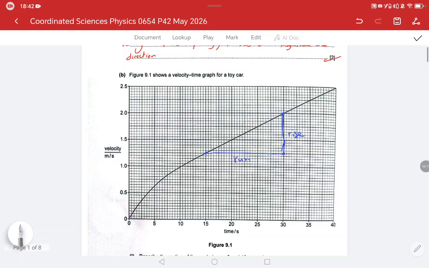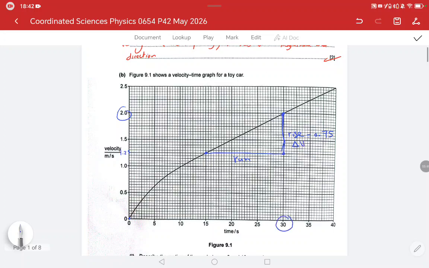So let's see, this point is 2 and this point here is 1.25, between 1 and 1.5. So this one should be 0.75, right?